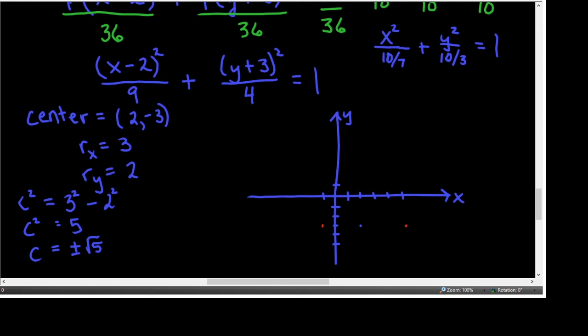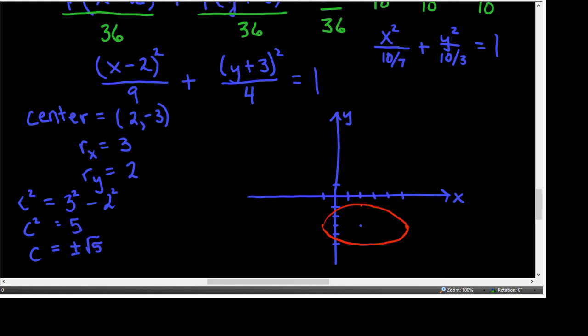And the y radius is 2, so go up 2 and down 2. And draw your ellipse as best you can. Notice I didn't talk that time. Maybe I did a better job of drawing it. Looks a little bit better than the last one I did.